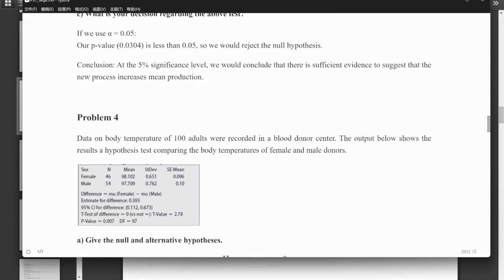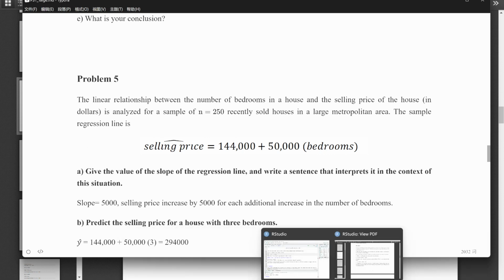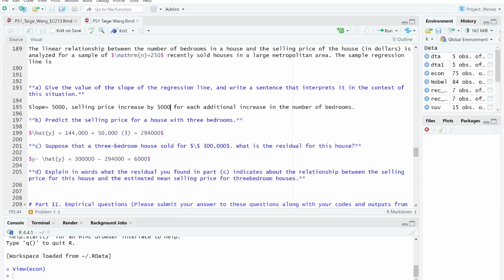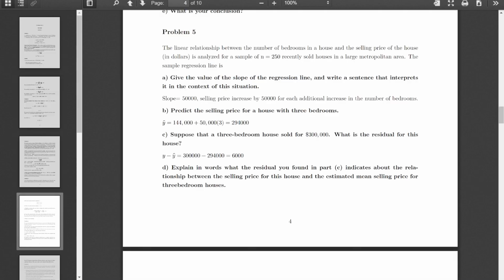Sorry, 50,000, not 5,000. Another mistake, so you need to do it again. Okay. So you plug in 3, and you get the predicted value of your y, which comes from your regression line.